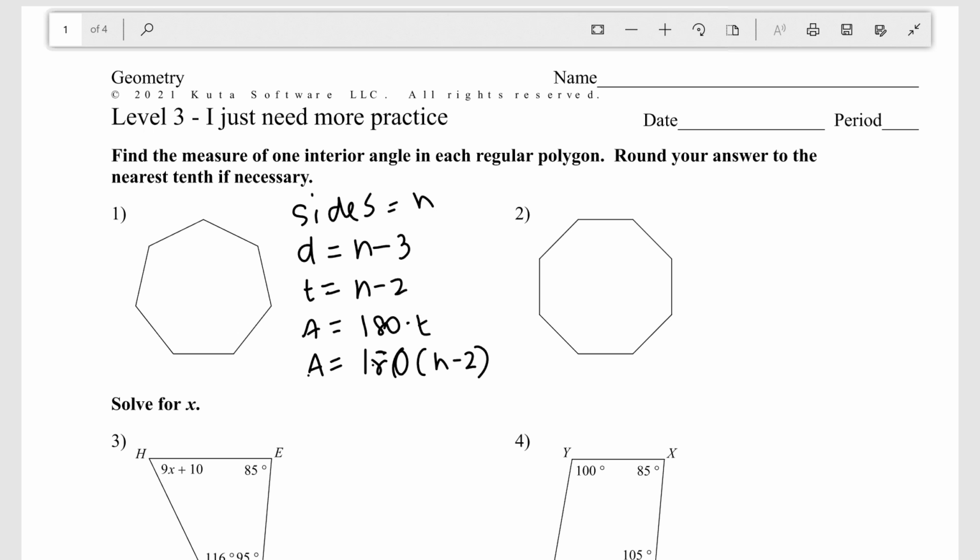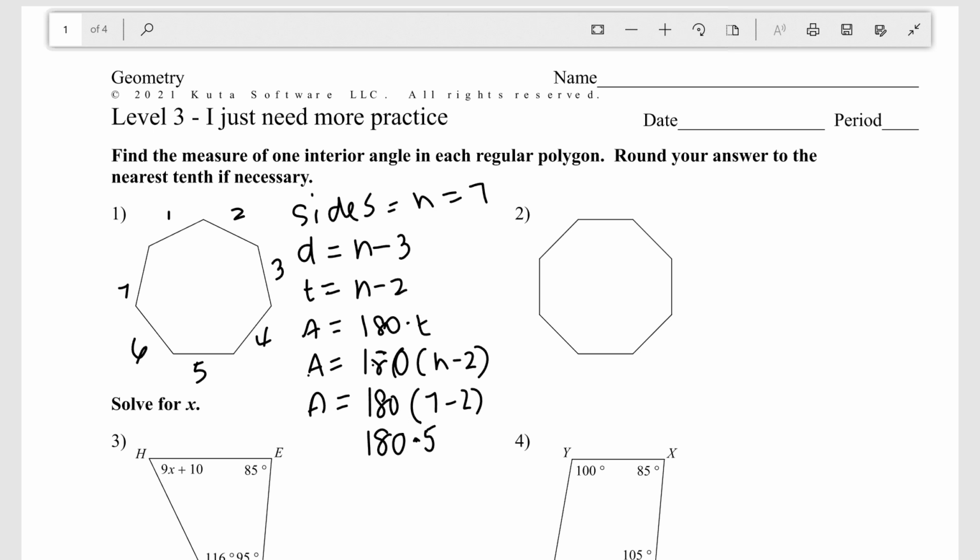So let's first start and take a look at number 1. I have 1, 2, 3, 4, 5, 6, 7 sides. This is a septagon. So the number of sides is 7. To figure out the total degrees inside of this 7-sided polygon, I can say that my angle measure will equal 180 times 7 minus 2. 7 minus 2 gives me 5.